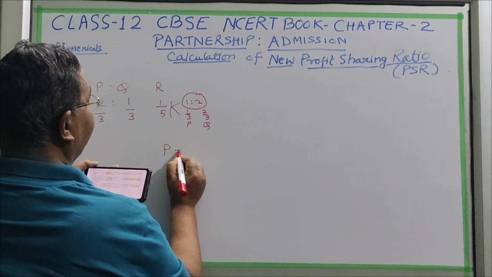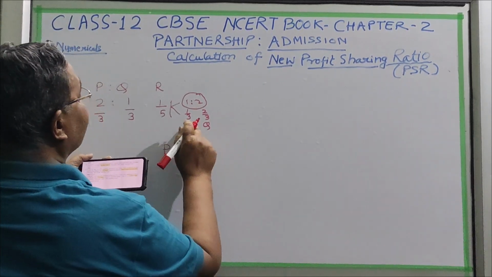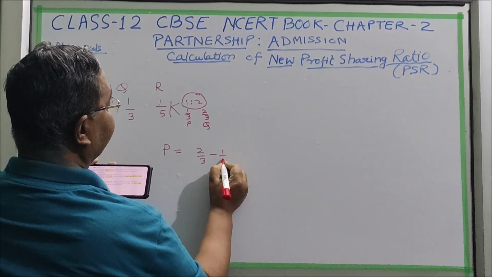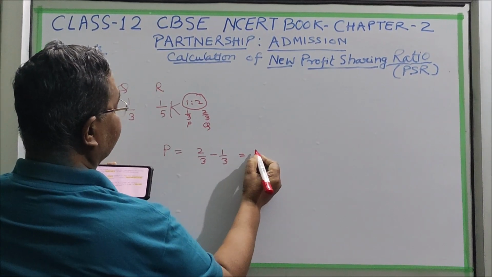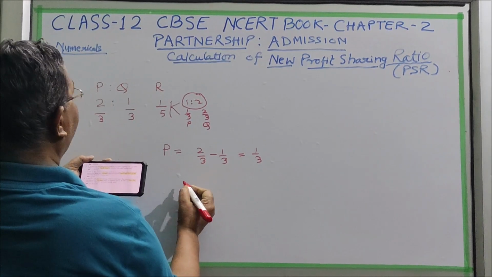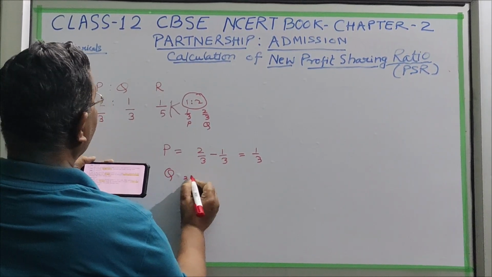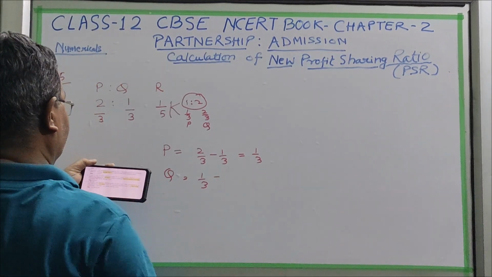So P's new share will be 2 upon 3 minus 1 by 3, which he is sacrificing. So here 1 upon 3 will remain. And Q's old share was 1 by 3.